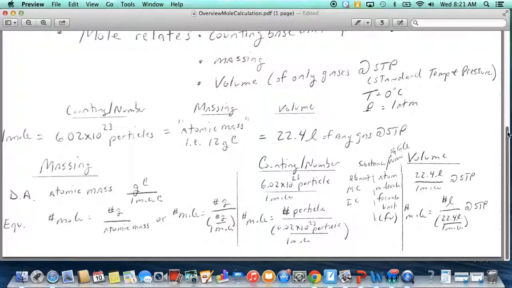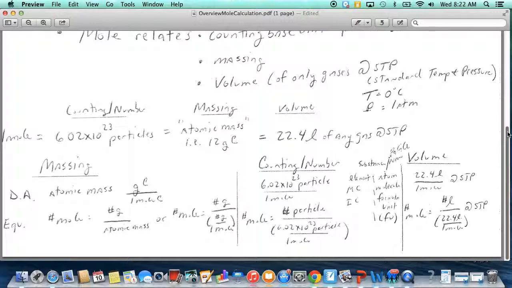If you're an equation person, the equation is number of moles is equal to the number of grams over the atomic mass or the molar mass. You don't use the words atomic mass or molar mass, you use the actual units that you see on the page. That's how you do questions that go from mass to mole or mole to mass.